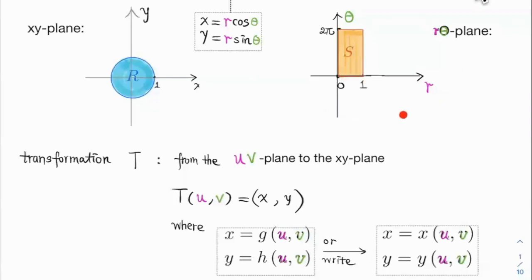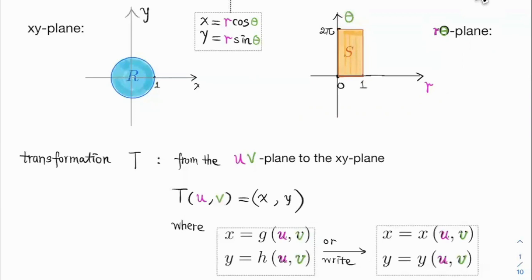More generally, instead of the r theta plane, let's consider a uv plane. Think of r as a special case of u, and theta as a special case of v.